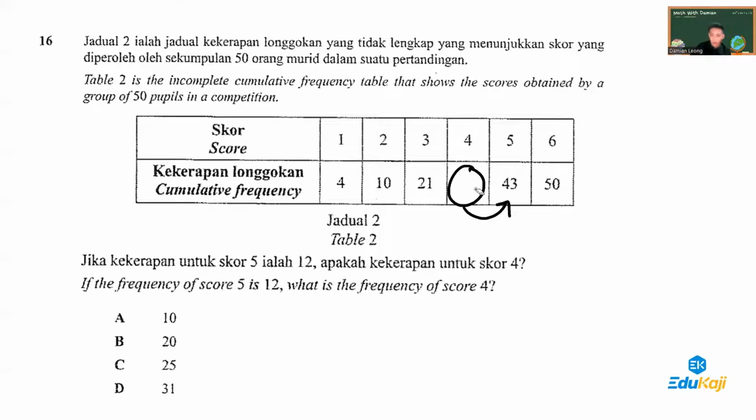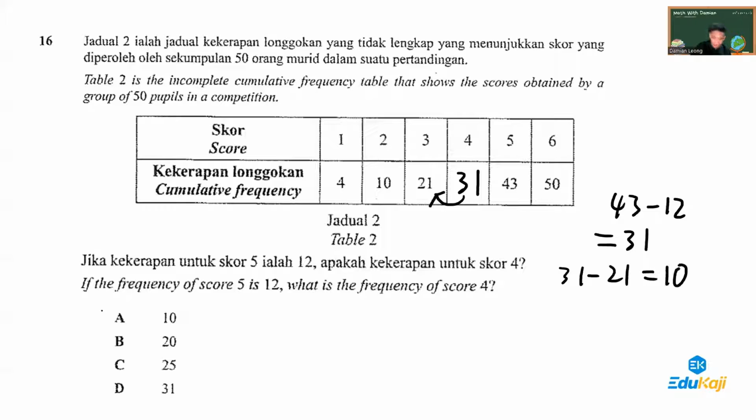So I take 43 minus 12, which is 31. That would be the cumulative frequency here. And to find the frequency of 4, I minus this. 31 minus 21, I get 10. That's the frequency of score 4.